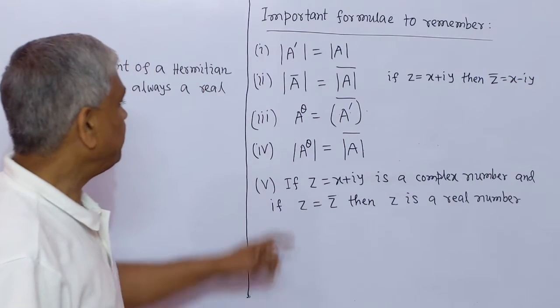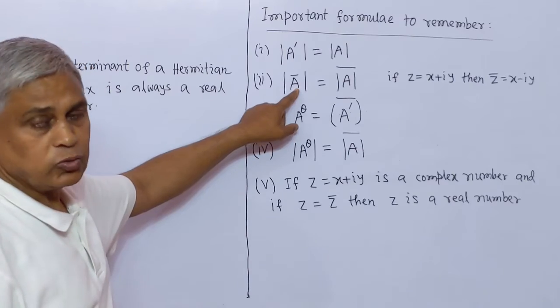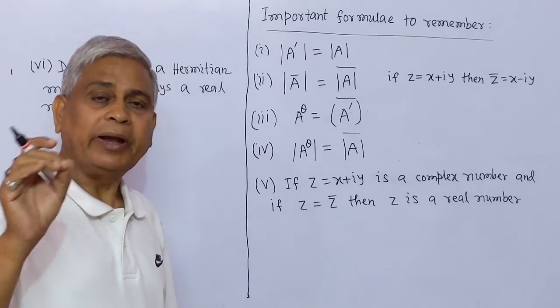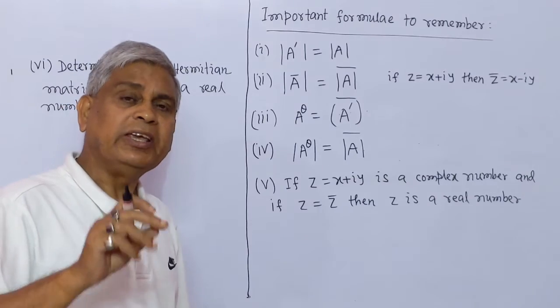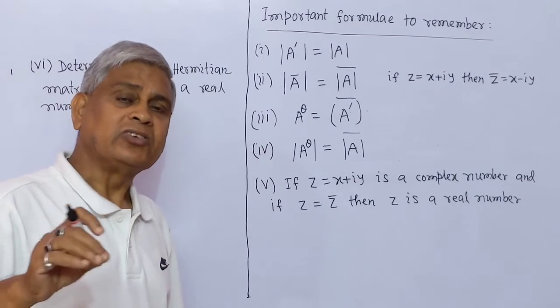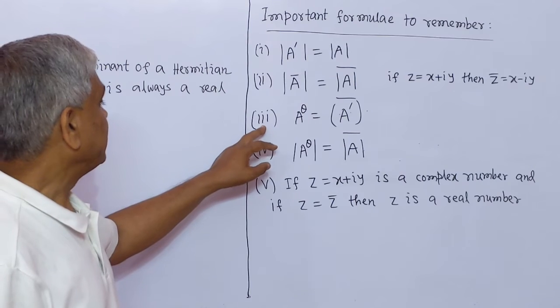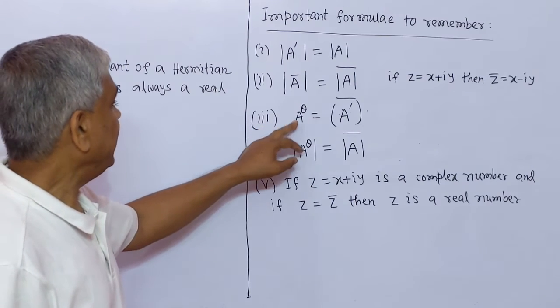In the case of a matrix, conjugate of a matrix equals a matrix whose each element is changed into its conjugate.